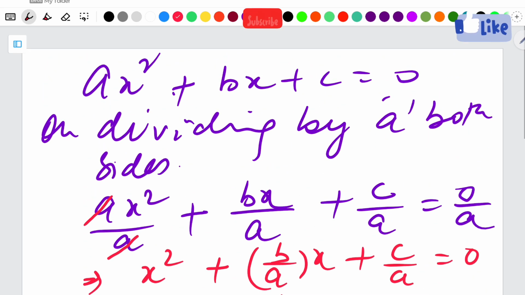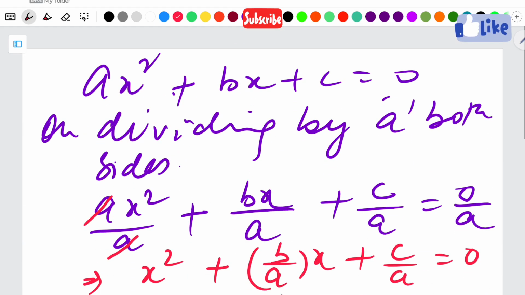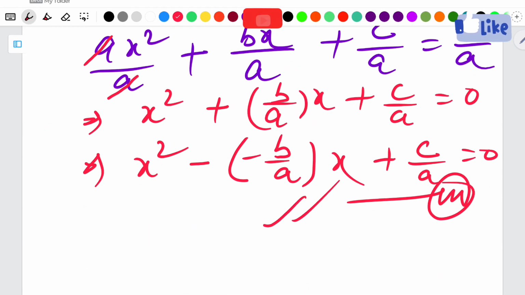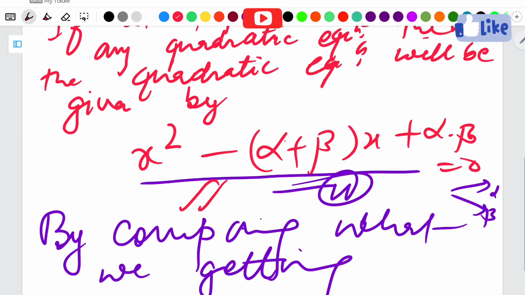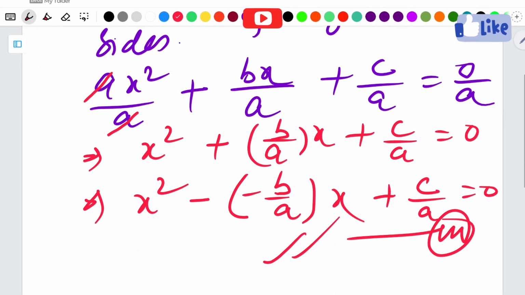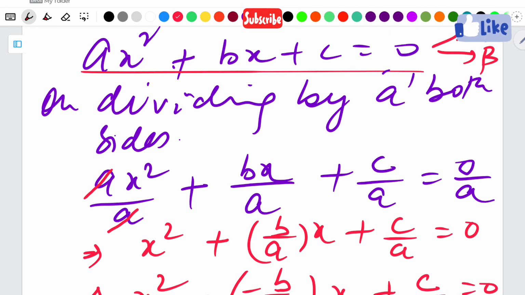Now on comparing equation 2 and 3, what are you getting? If you see, the quadratic equation with zeros alpha and beta is x square minus alpha plus beta times x plus alpha into beta is equal to 0. And this is the same as a quadratic equation whose one zero is alpha and other zero is beta.